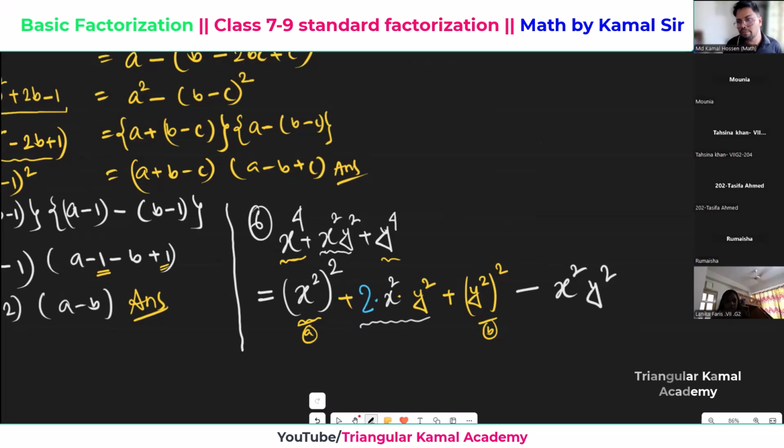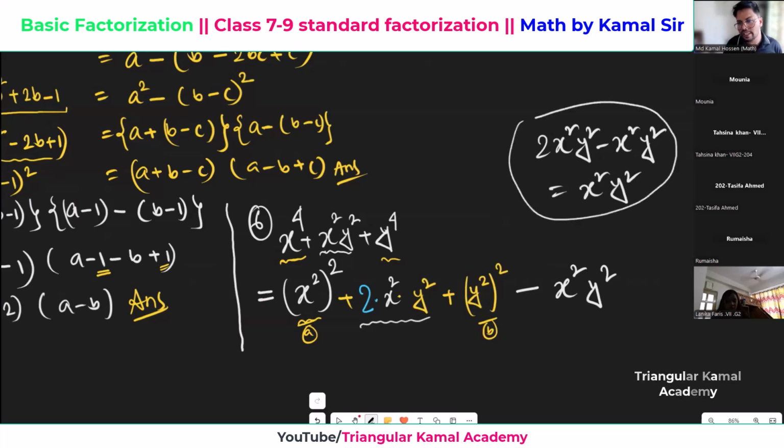If we simplify, 2x square y square minus x square y square gives x square y square. To set the formula of a plus b whole square, we wrote 2 times x square y square, but to balance with the given expression, we have to subtract 1 times.